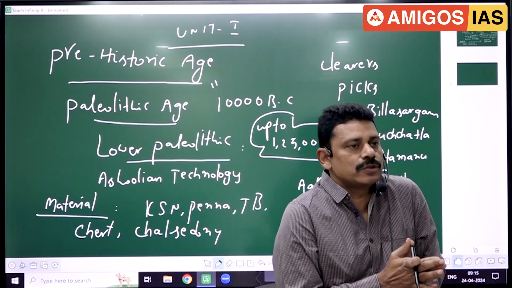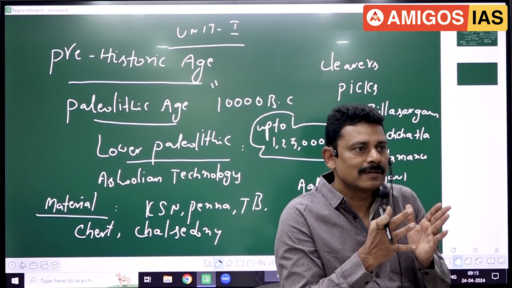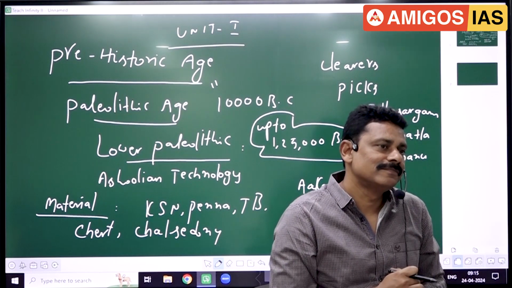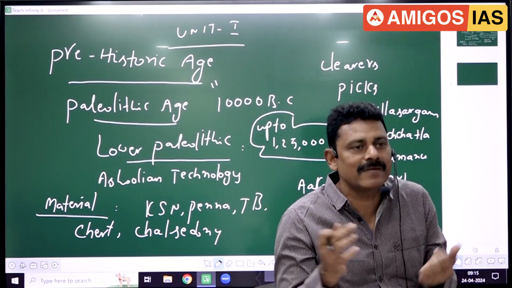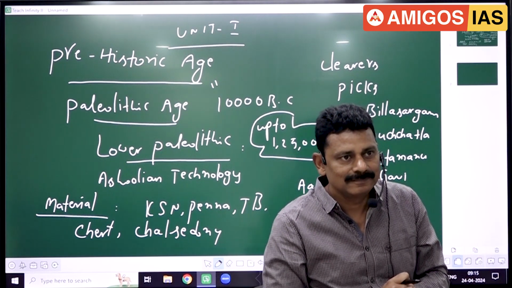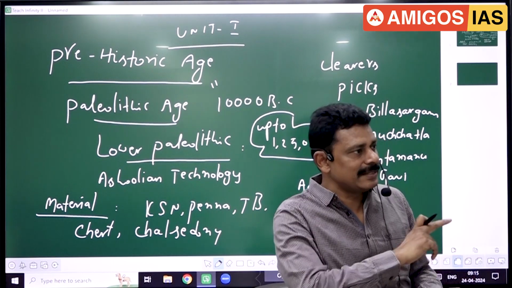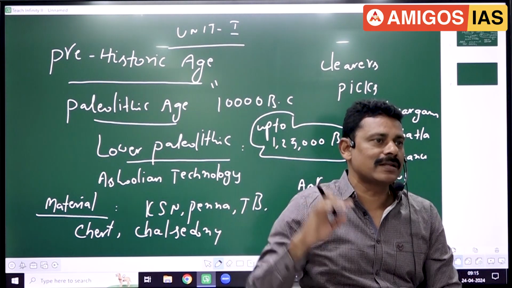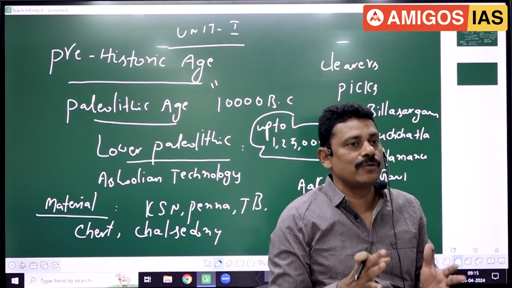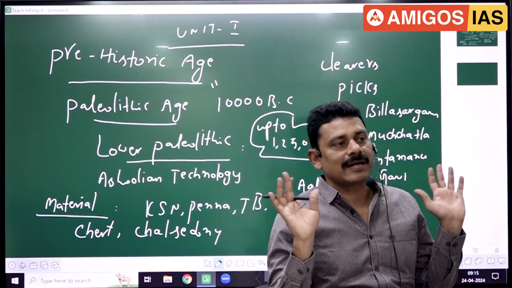So this individual was forced to carry on his livelihood depending on hunting. He used to wander from one place to another in search of animals. Hardly did he find animals. For finding them, he used to wander thousands of kilometers from one area to another. That's the reason why early humans of the Paleolithic era can be seen throughout the country.